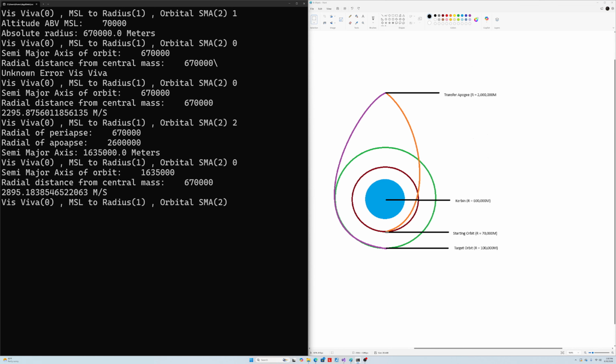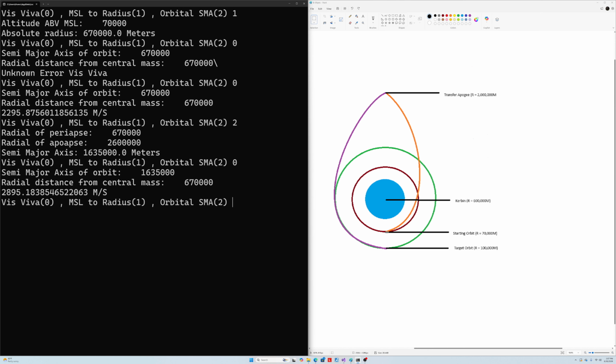In order to determine the amount of delta V required to go from our starting orbit to our first transfer orbit, we simply take the difference between the vis-viva velocity of our transfer orbit and the vis-viva velocity of our starting orbit.